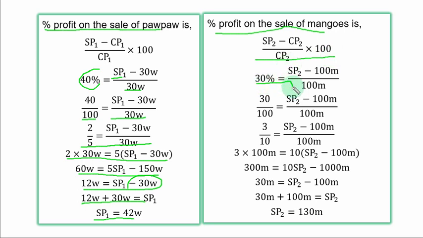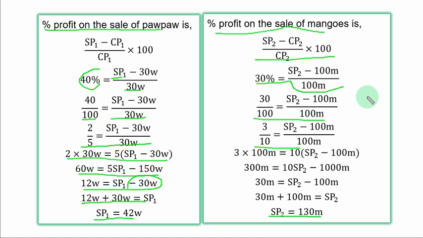Now CP2 is 100M, 100 mangoes from the first part. So you do the same thing, you simplify, you cross multiply, and in the end you have SP2 equal to 130M. So we put this result into equation 2.